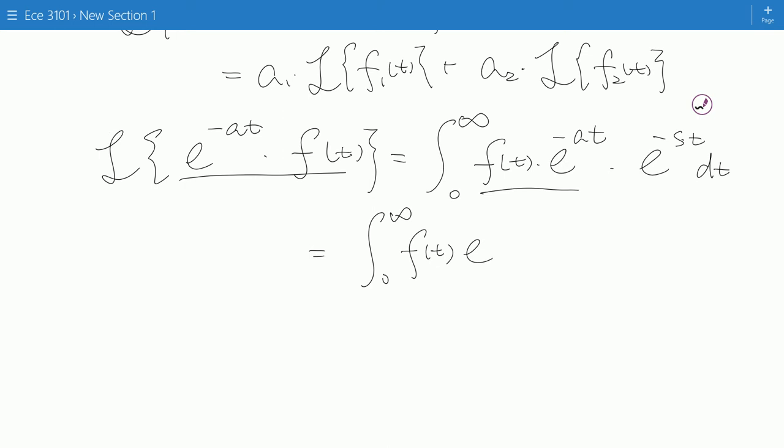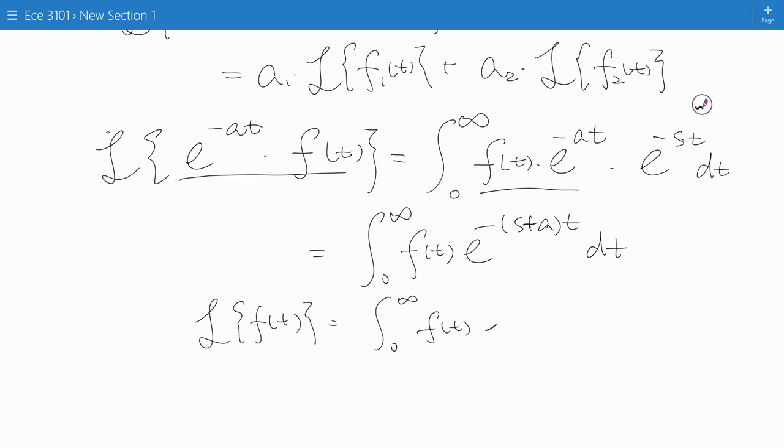So what is it? It's the integral of f(t), and we have two exponential terms that we can combine, right? Now, the Laplace transform of f(t) is almost the same, but in the exponent, instead of s, we have s plus a.